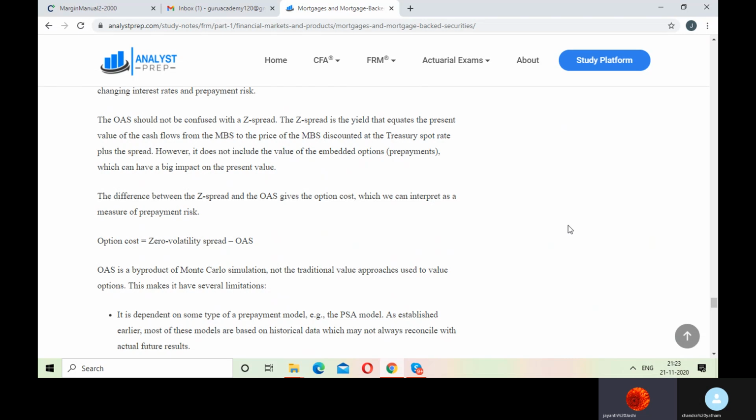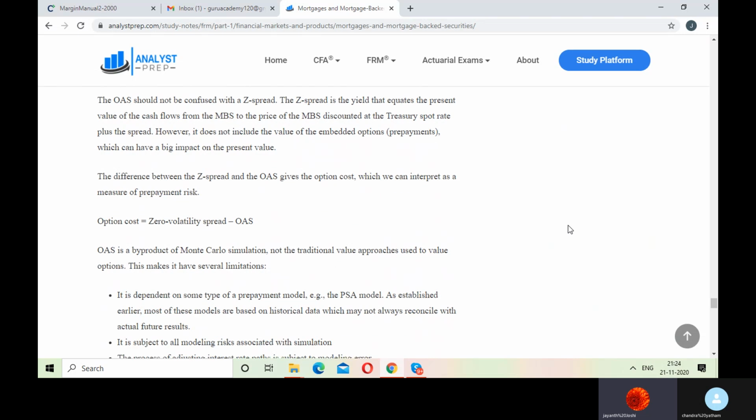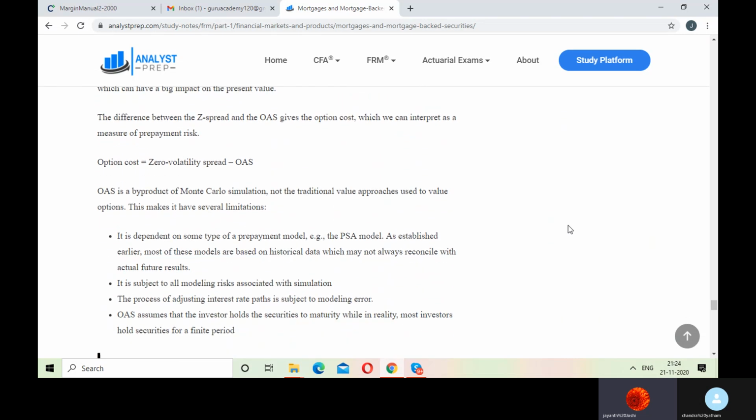Treasury spot rate is nothing but the government rate plus the spread. However, it does not include the value of embedded options, that is prepayment. That prepayment option is not considered in Z spread, which can have a big impact on present value because prepayment can also happen. We cannot ignore the prepayment.